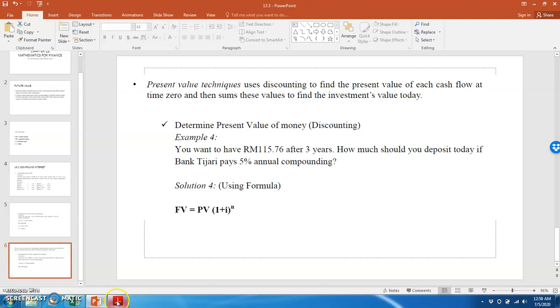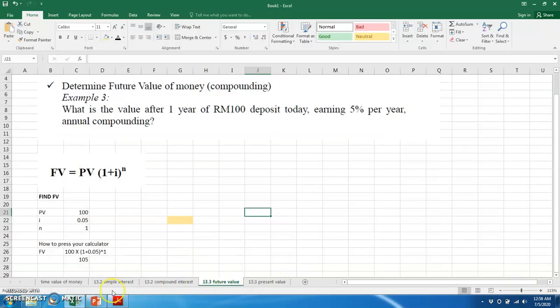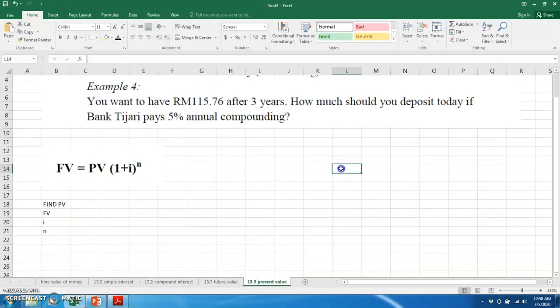Now, let's check number 3, present value. Example 4. You want to have 115.76 after 3 years. After 3 years, you want to have this money. So is it now or in the future? Of course, it is in the future. So now you need to find the present value.